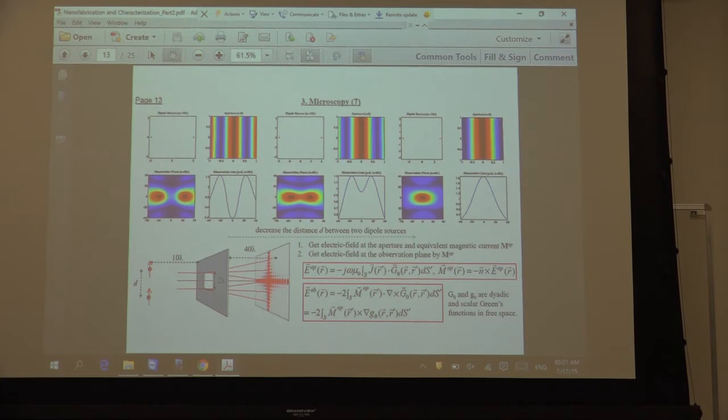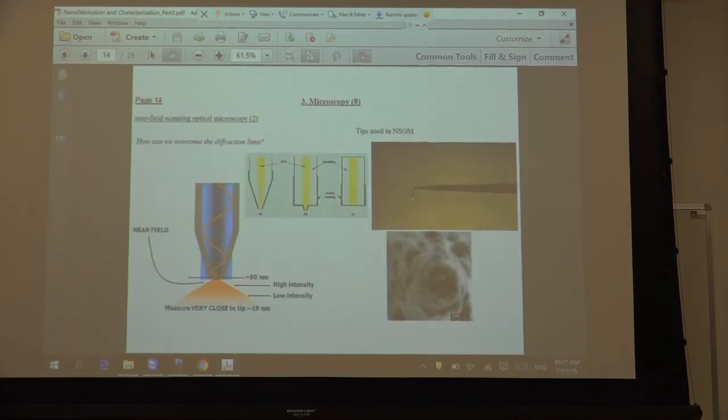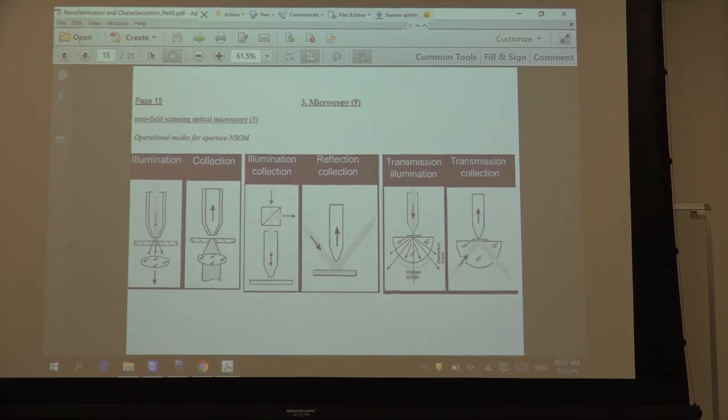This is for microscopy. Then we talk about how to break this diffraction limit. Because microscopy has a diffraction limit, we use the SNOM technique, near field scanning optical microscopy. They measure the optical field at a very near field, typically very close to the tip, around 10 nanometers, so you can capture evanescent wave information.